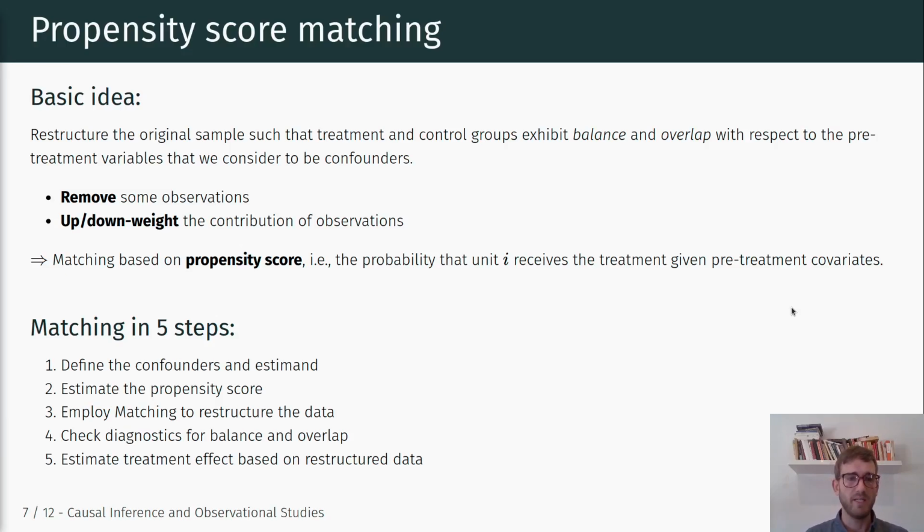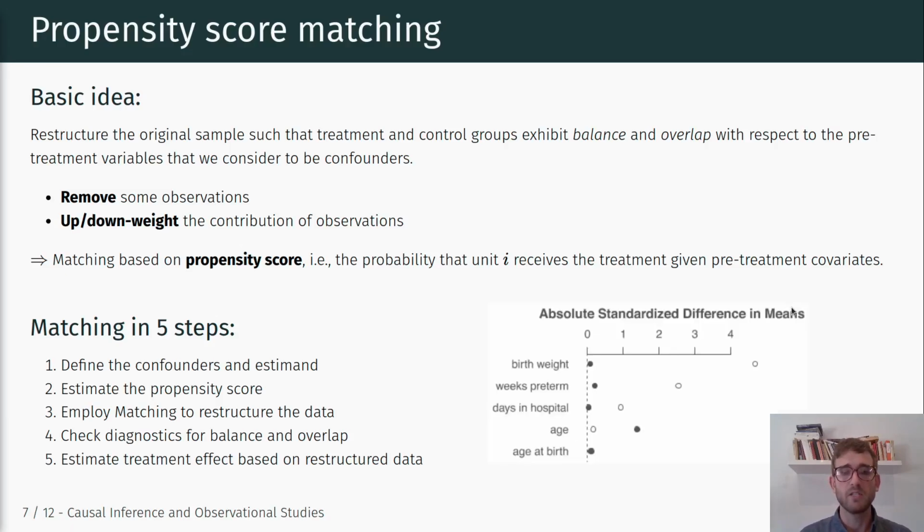Then the next step, after we matched our observations, is to check diagnostics for balance and overlap. One common way of examining this is to look at balance plots where we examine the absolute standardized difference in means across a certain set of confounding factors between the treatment and control group.